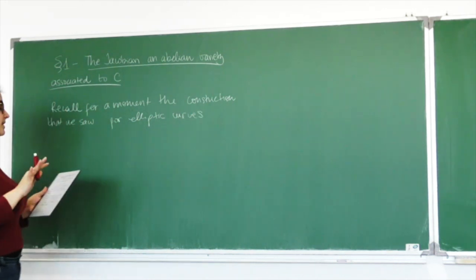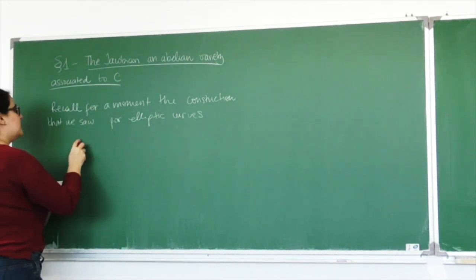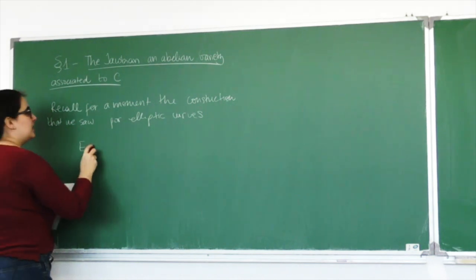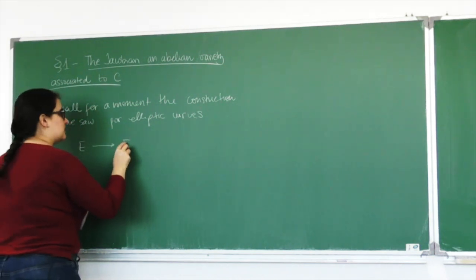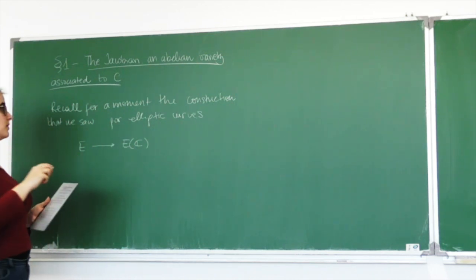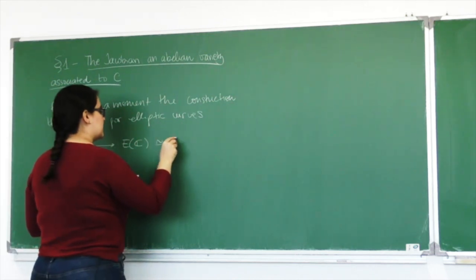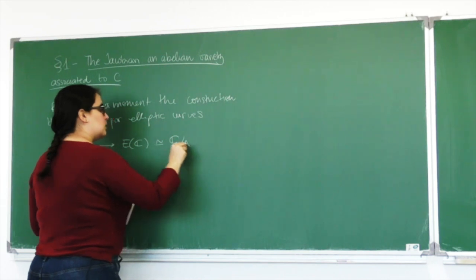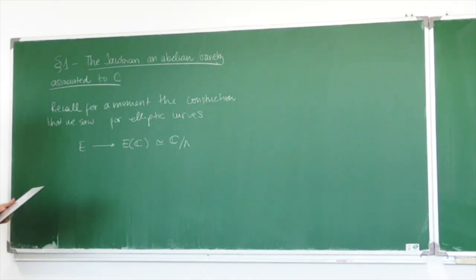And I will write it in a slightly weird way. So we have a curve E. To that we can associate the set of complex points of the curve, and this is what is isomorphic to a complex torus C modulo lambda.